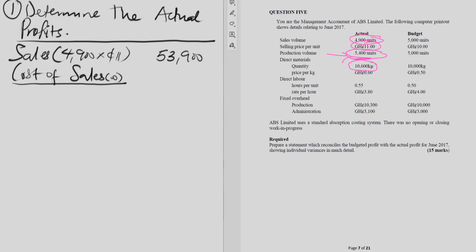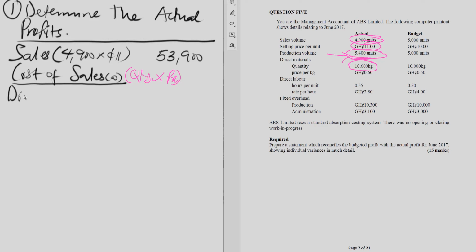So we can easily get the cost per material. We know that anytime you are dealing with cost in accounting, it is some quantity times some price. So we take direct material.